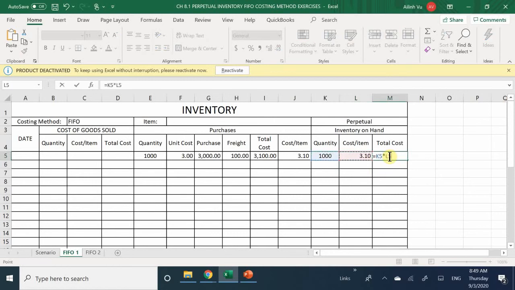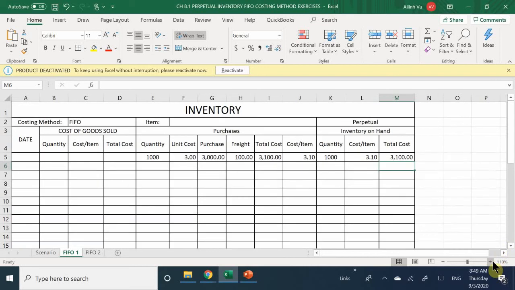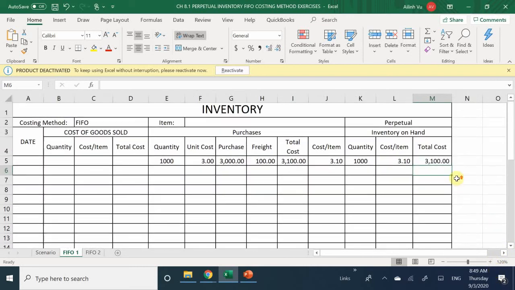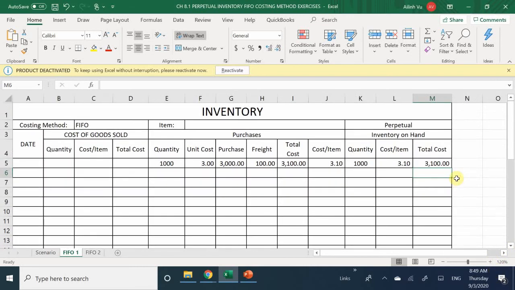So let me go ahead and do this. Here I have a total of 3,000. Is this difficult to see for you guys? I'm going to see if I can make it a little bigger. Okay, there you go. Here we have 1,000 items at $3.10, giving me a total of 3,100.